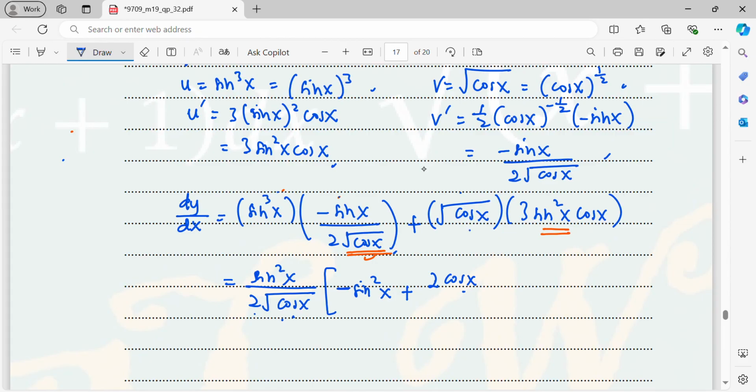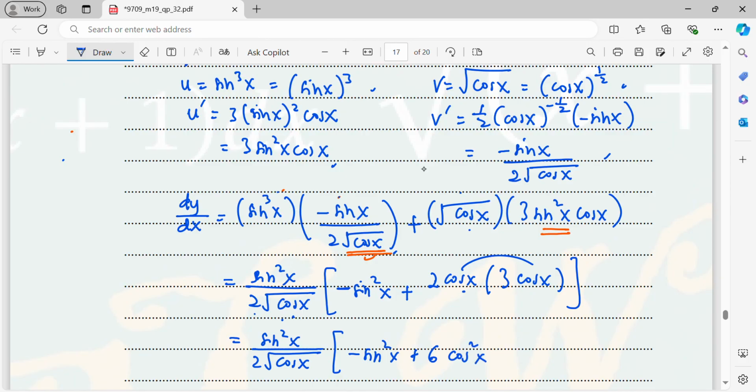So instead of square root cos x, I will change to cos x, multiplied with 3 cos x. Then here you will be getting sine square x over 2 square root cos x, then minus sine square x. Here you just do expansion, that is plus 6 cos square x.